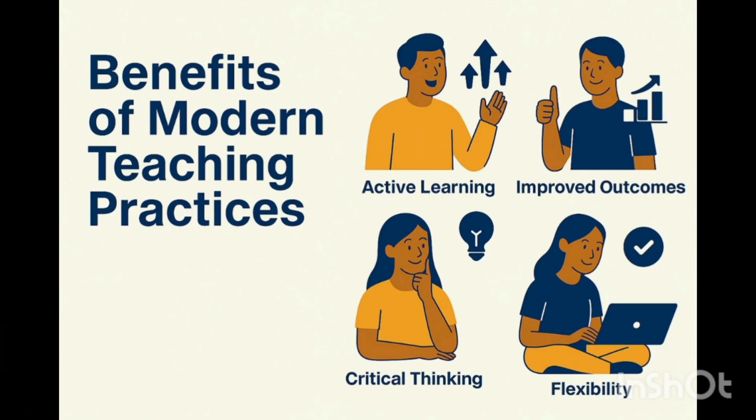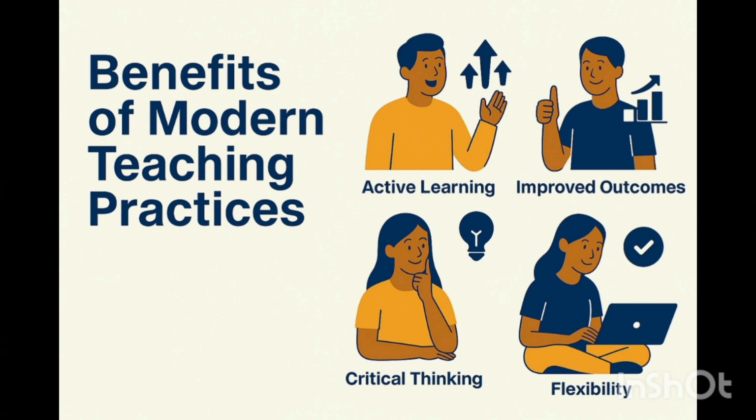Number one is increased student engagement and motivation. I mean to say active, personalized, and interactive learning fosters curiosity. Then, second point is development of 21st century skills, equipping students with skills essential for future success: critical thinking, collaboration, digital literacy. These all are very important, to be well equipped with the modern tools and 21st century skills.